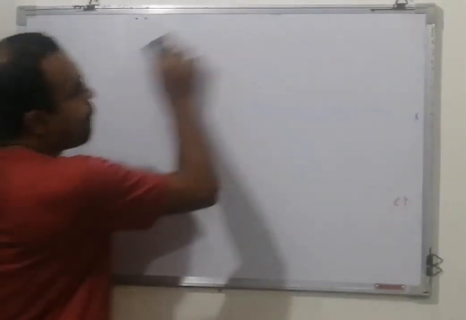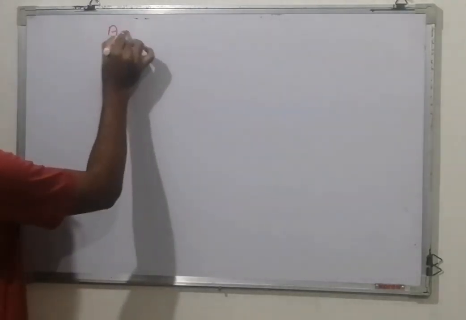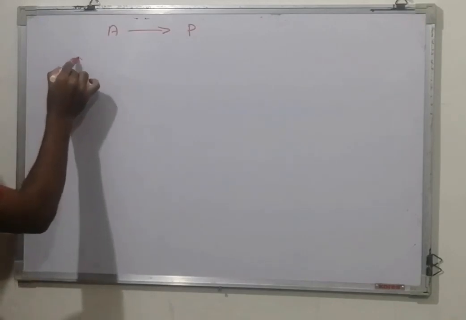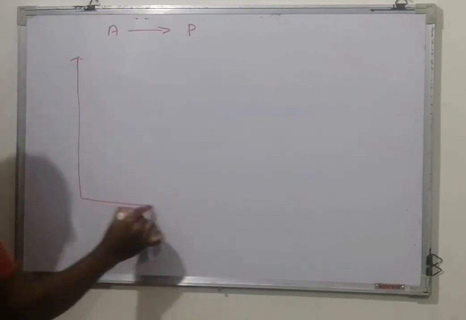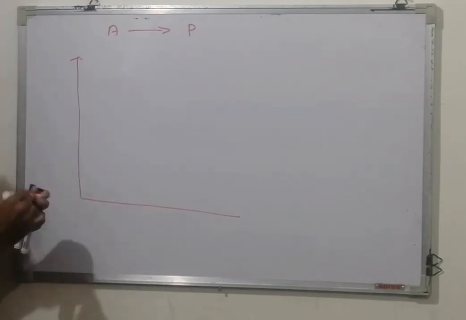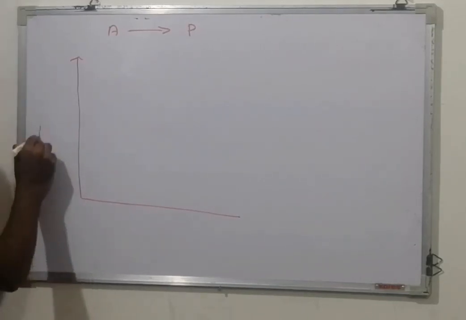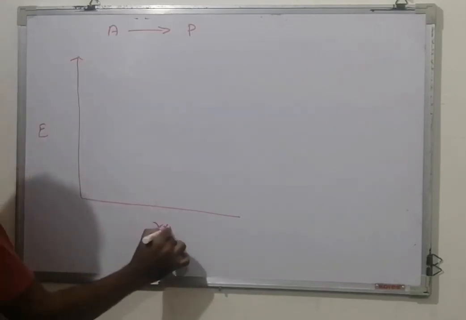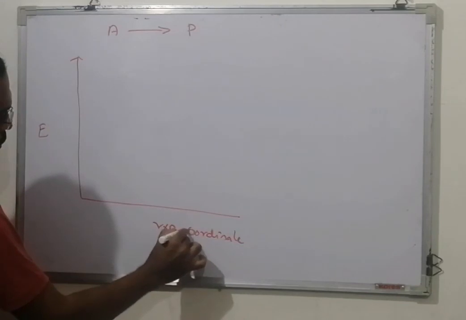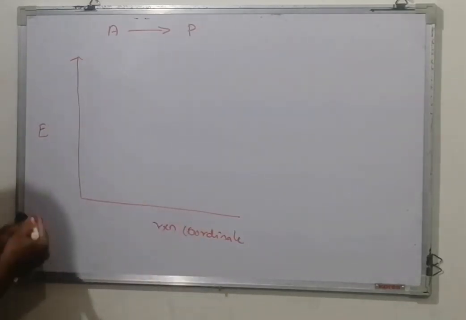Consider a reaction, A gives P. You draw an energy profile diagram like this. This is the energy axis. This is the reaction coordinate, or reaction axis.